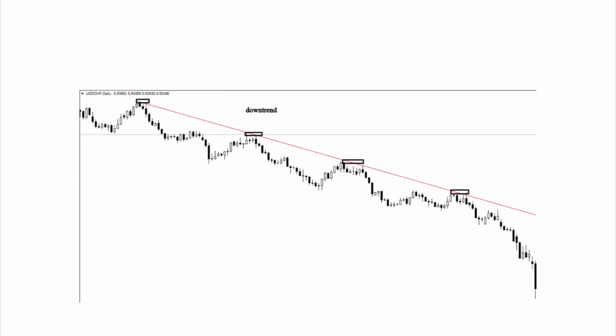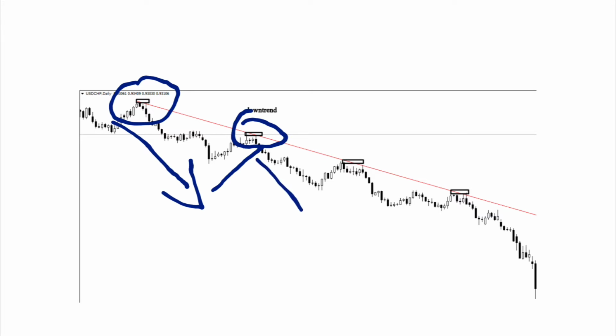To illustrate, you can see that it first formed the first point there, and then it made an impulsive move, and then retraced to form this impulsive move, retracement, impulsive move.